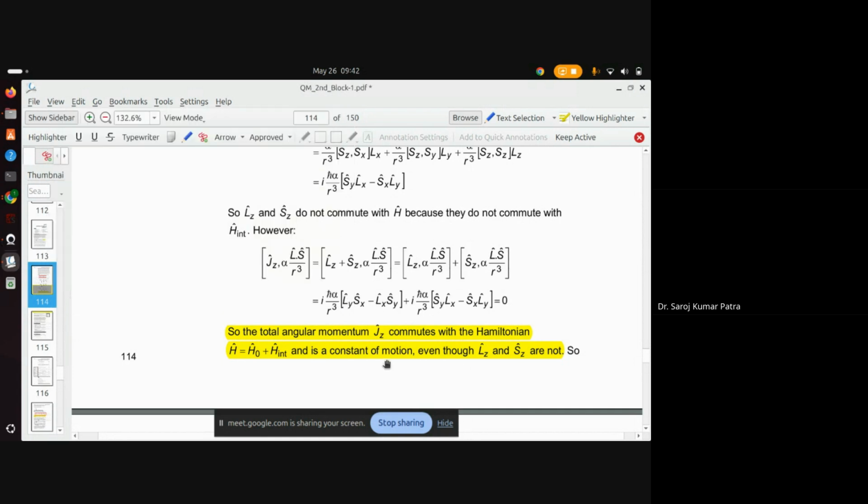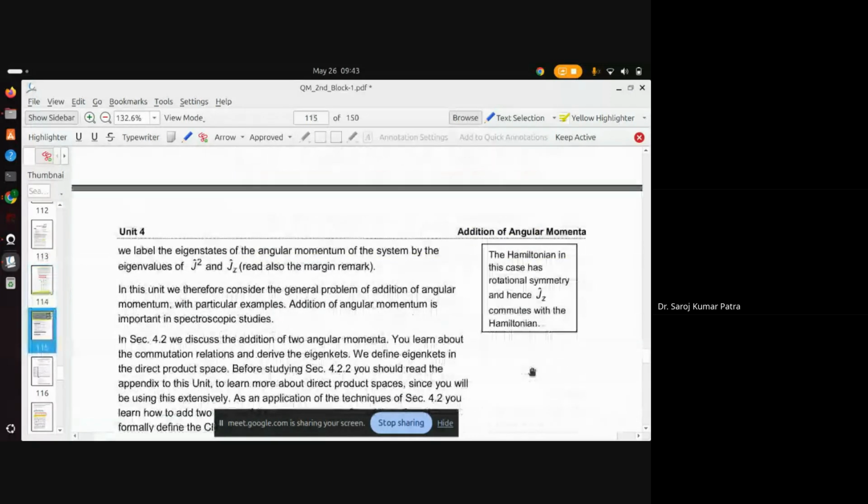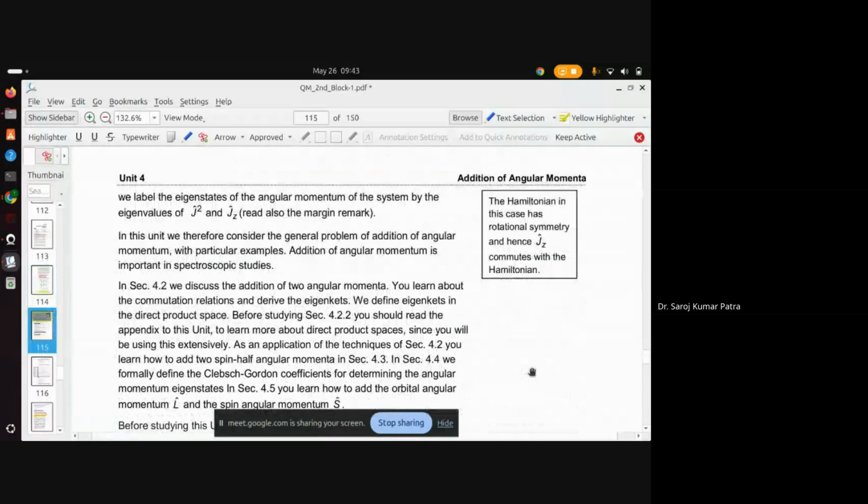So that's what it is telling you. Jz will be a constant of motion, even though Lz and Sz are not. Lz and Sz will be changing, but Jz will remain constant. But this part is very important: the Hamiltonian in this case has a rotational symmetry, and hence Jz commutes with the Hamiltonian. If the Hamiltonian did not have rotational symmetry, this would not hold.